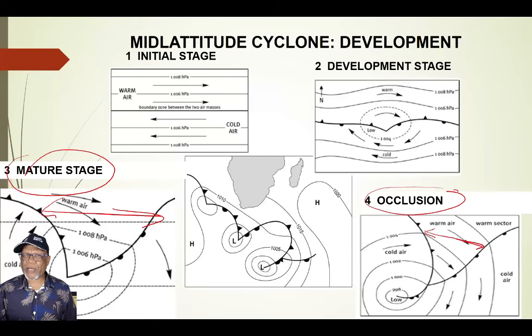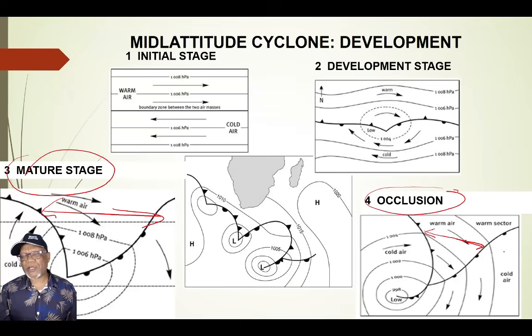Now, you have to find the reason. Why is the warm sector narrower in the occlusion stage? So now you have to go back to your definition. What is occlusion, or how does occlusion develop? Occlusion develops when the cold front catches up with the warm front. Why does the cold front catch up with the warm front? They are moving in the same direction.